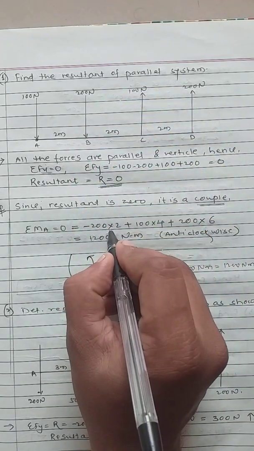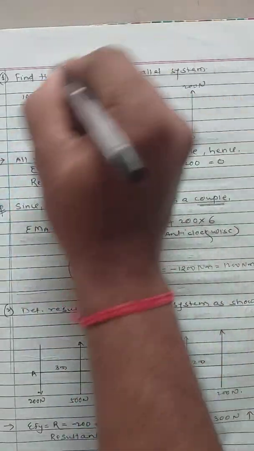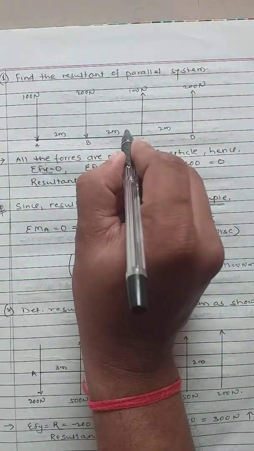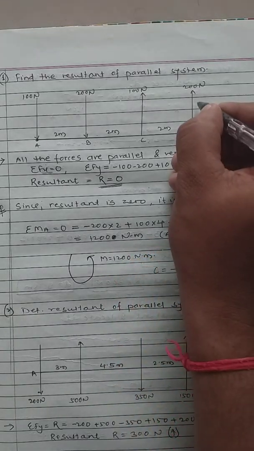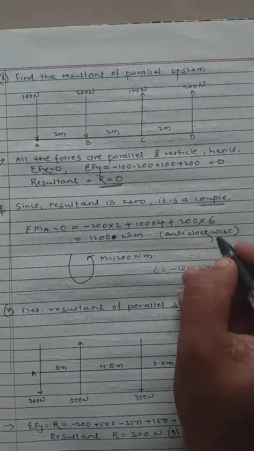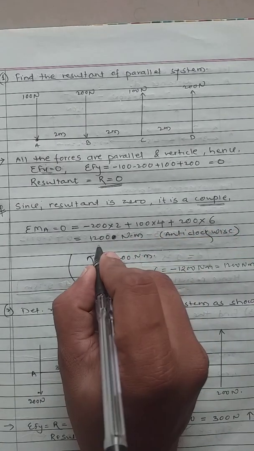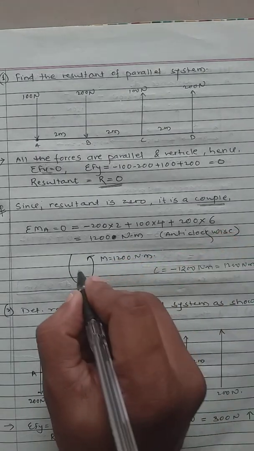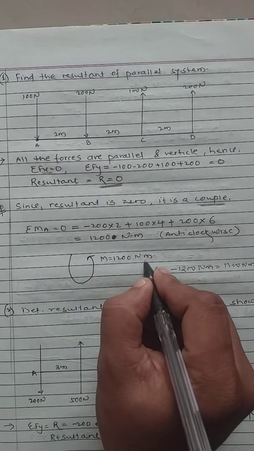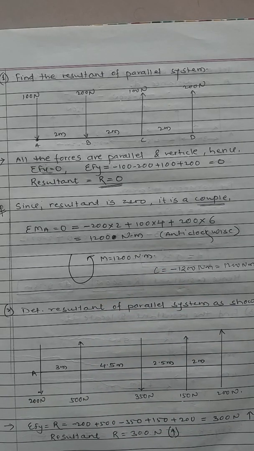So minus 200 into 2. This one is in the anticlockwise direction, so 100 into perpendicular distance 4, plus, and this is again anticlockwise, so plus 200 into 6. If I calculate this, I will find 1200 Newton meter in the anticlockwise direction. I hope you are getting my point.